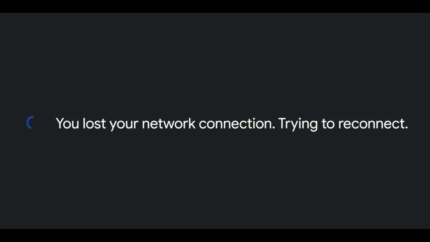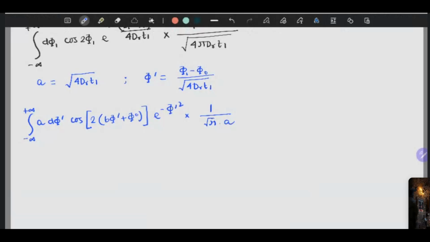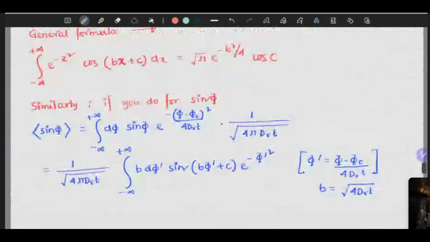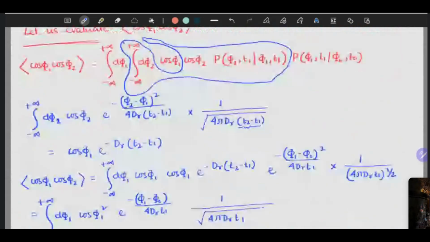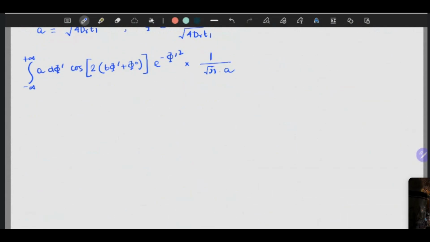Okay, so this is of the general form cos(bx plus c), where bx is 2bφ prime. So using this general form, if you write that, then it becomes root π times e to the power minus (2b) whole square by 4, into cos 2φ naught into a, into 1 by root π into a.